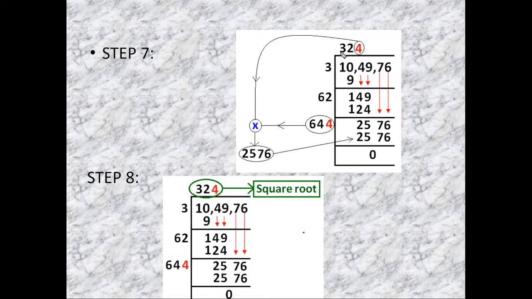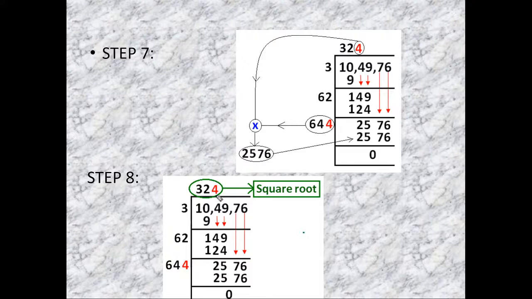So we have done our long division method, and our square root is right there, which is 324. This is our square root. If it's really complicated for you to write these numbers on the quotient bar above, no problem, because you don't need to write that.